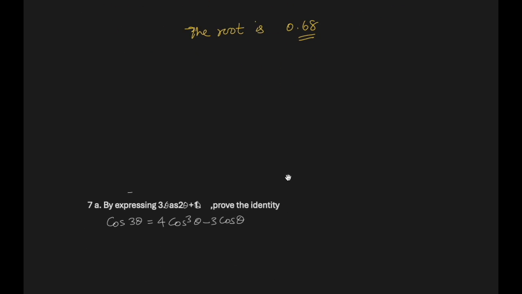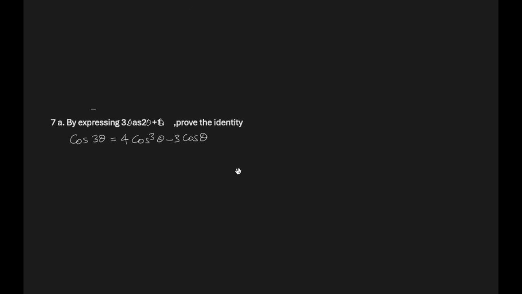Okay, question number 7. By expressing 3 theta as 2 theta plus theta, prove this identity. So in place of this 3 theta, I will write cos of 2 theta plus theta. I want theta only, so this 2 theta also has to go.